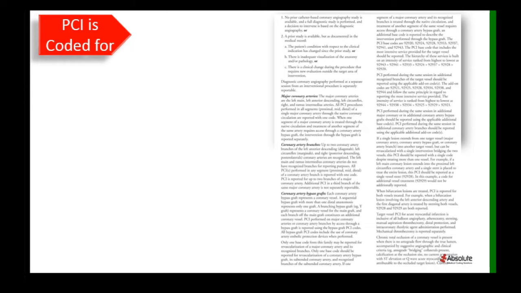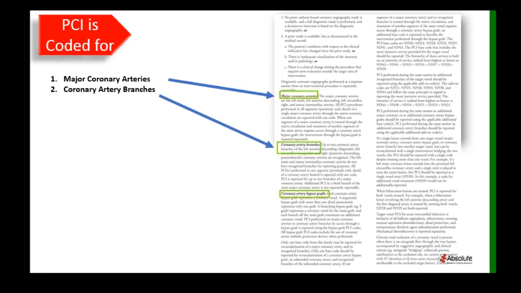Now, we carry out percutaneous coronary intervention for the major coronary vessels or arteries. Also, the coronary artery branches, as well as coronary artery bypass grafts. Remember I told you that?